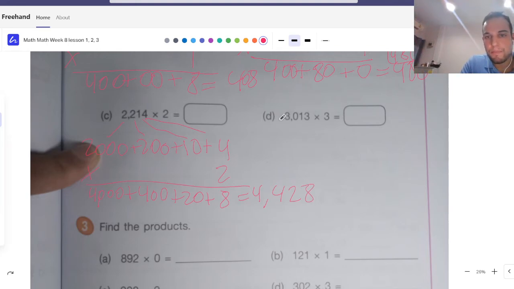And last one, we have 3,013 times 3. So we have 3 times 3 is 9. 3 times 10, 30. 3 times 0 is 0.